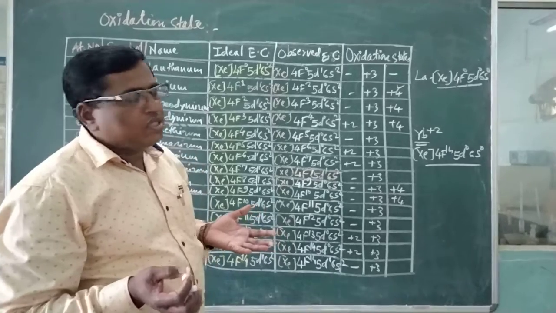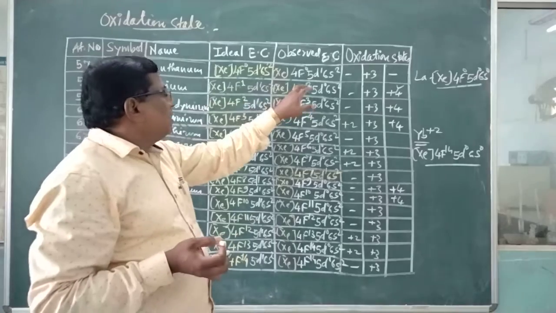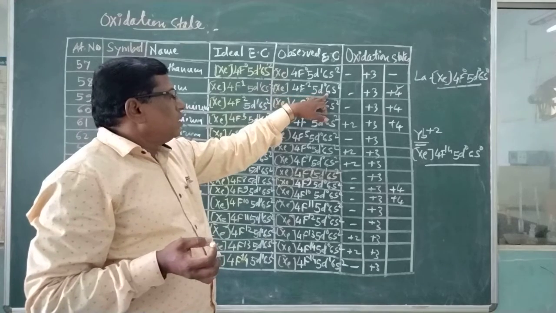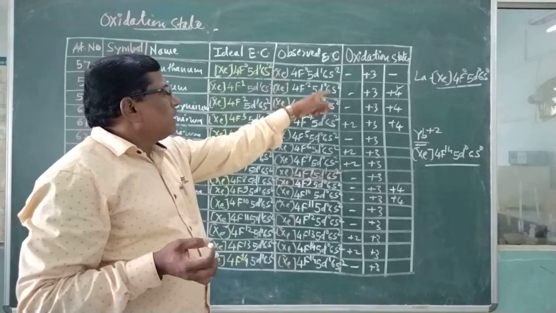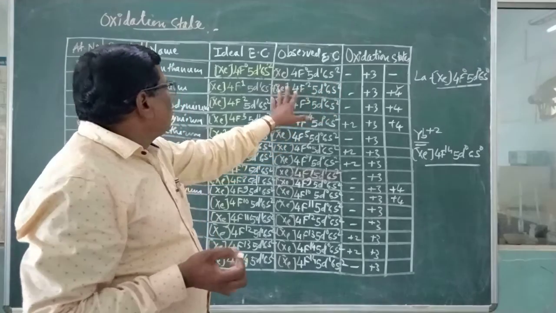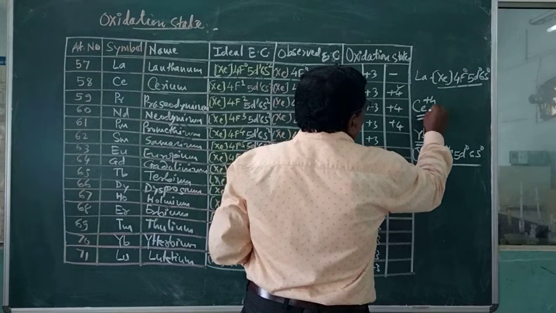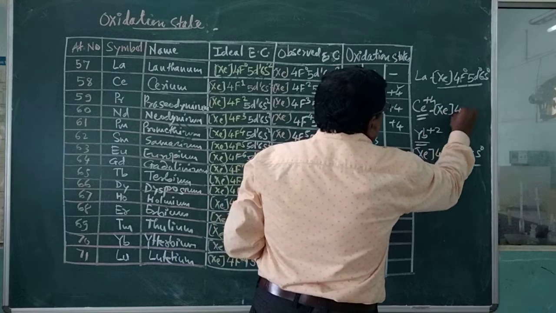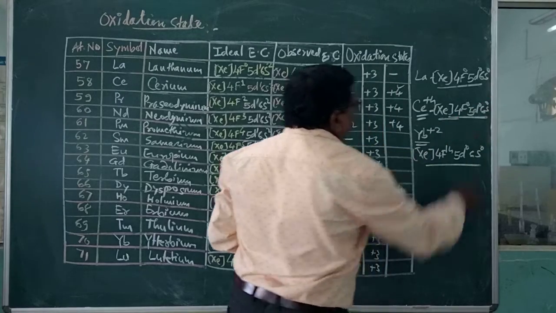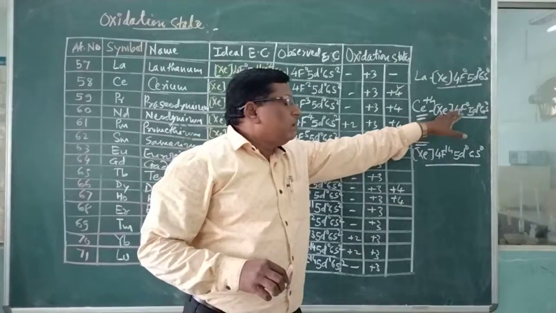How is plus 4 obtained in cerium? Cerium is xenon 4f2 5d0 6s2: 2 electrons from the f orbitals and 2 electrons from the s orbitals, totally 4 electrons are removed. Cerium plus 4 has the electronic configuration xenon 4f0 5d0 6s0. However many electrons you remove, those orbitals become 0.